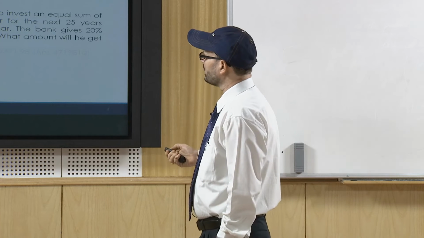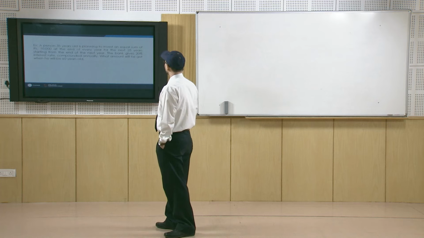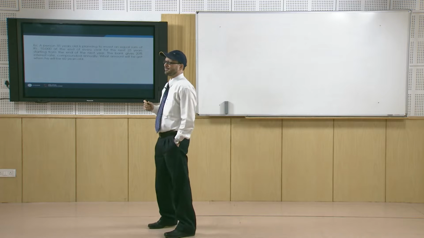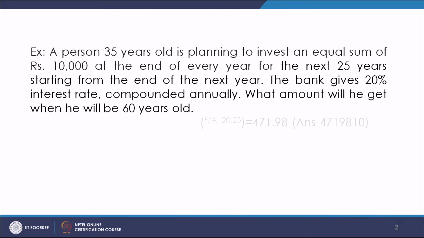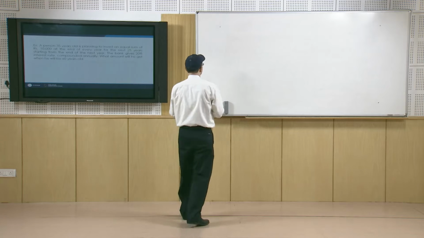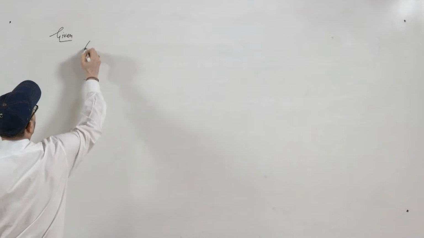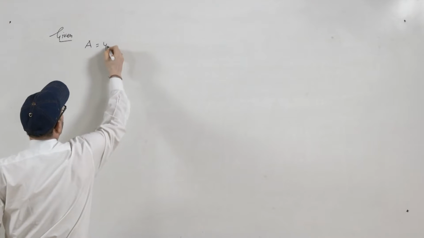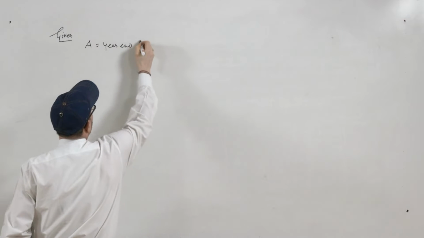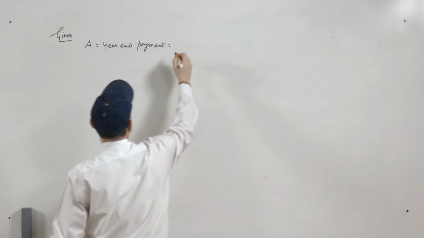Now, in this problem a person is investing an equal sum of 10,000 rupees at the end of every year. So, in this problem A, that is the year end payment, is given, and this is given as 10,000.